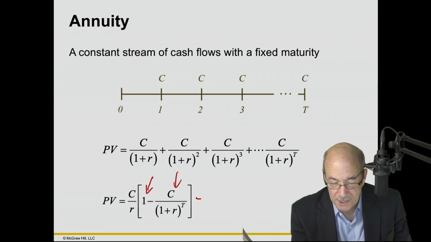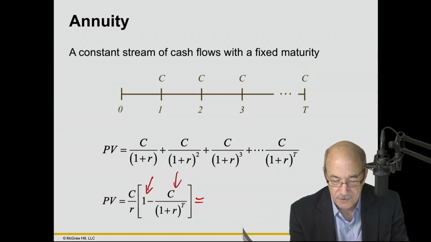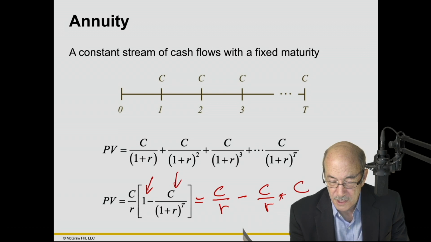So if I were to write this out, if I were to do this multiplication, remove the bracket, I would have C over R minus C over R times 1 over (1 plus R) raised to the T power.